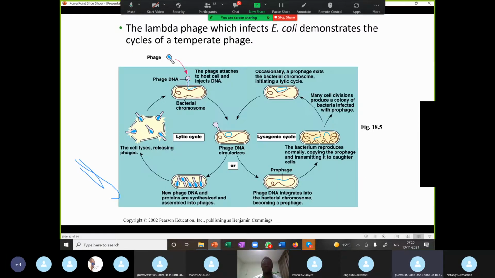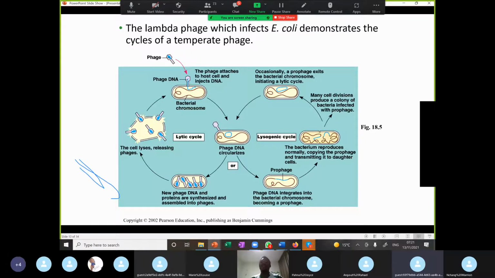The viral DNA integrates itself into the host DNA, forming what we call a recombinant. So the host DNA is now a recombinant DNA molecule of one, the viral DNA, and two, the host DNA. Could be a bacteria, so the bacterial DNA.